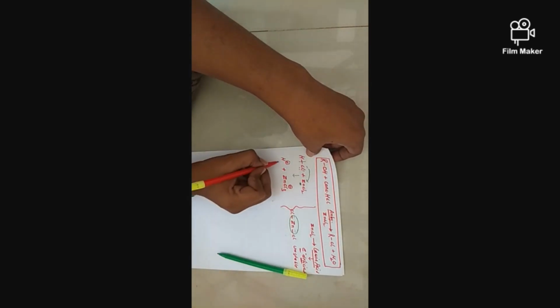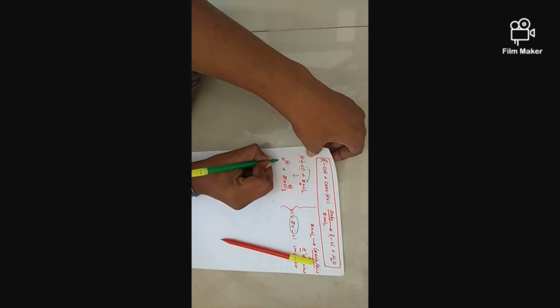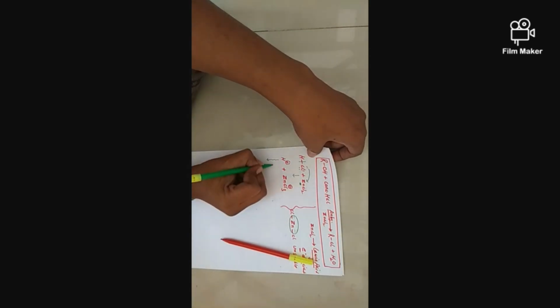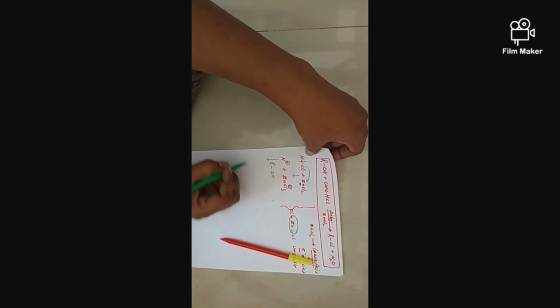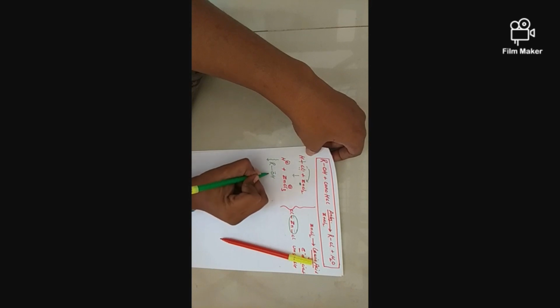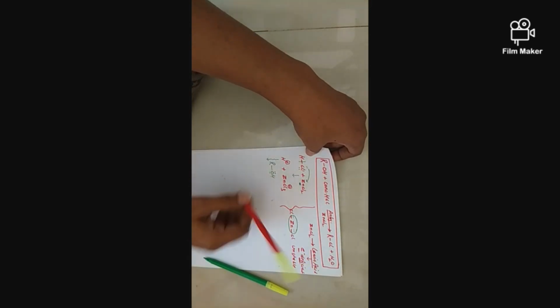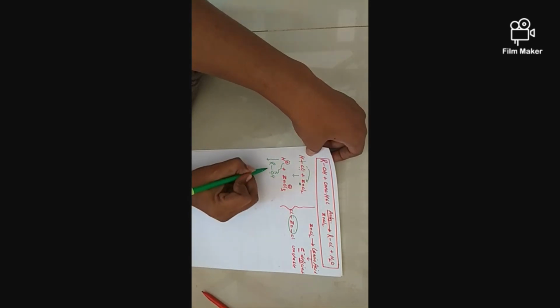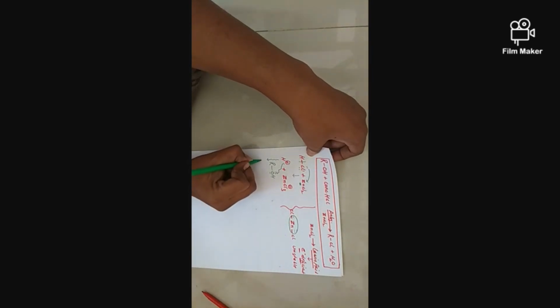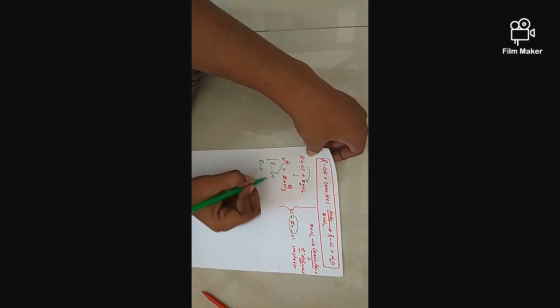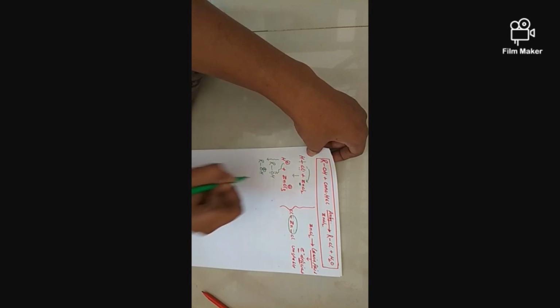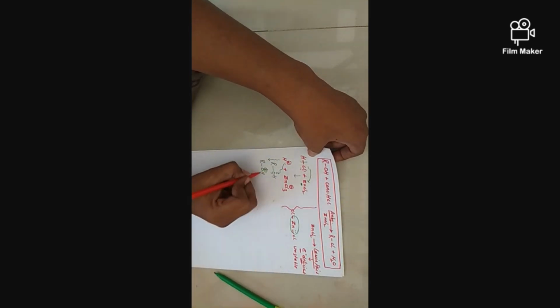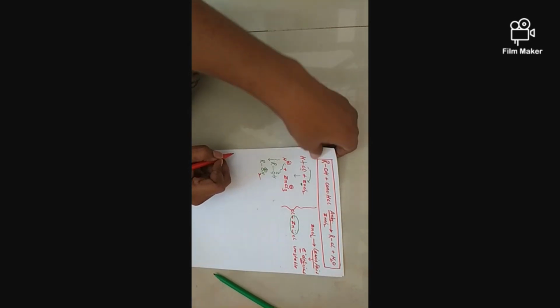Next, this H plus interacts with alcohol, because in alcohol oxygen has lone pairs of electrons. Then we get R-OH2 plus.